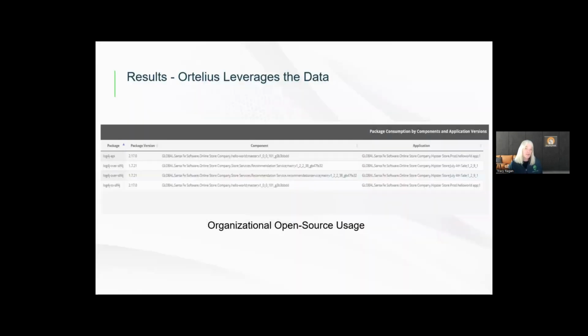The next thing it can do is leverage that information. It can start building a profile of your organization's security levels. So, for example, you can say, hey, show me where Log4j is being used. And it can produce a report that says, these are the applications that are consuming it.